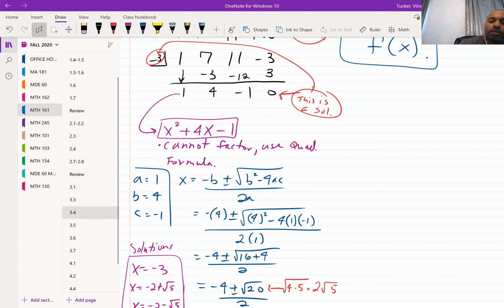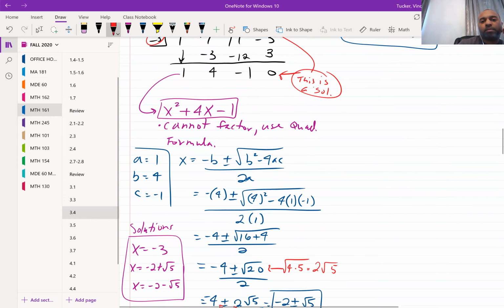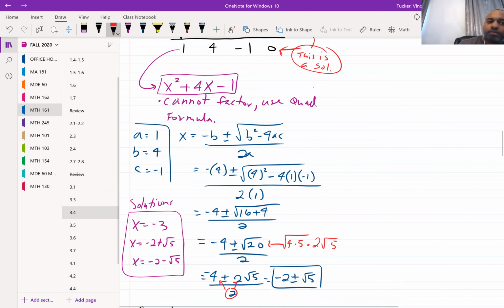All right, so we simplify what's under the radical. 16 plus 4 will give us 20. And we can break down that 20: 4 times 5, square root of 4 is 2, so that's 2 square root of 5.